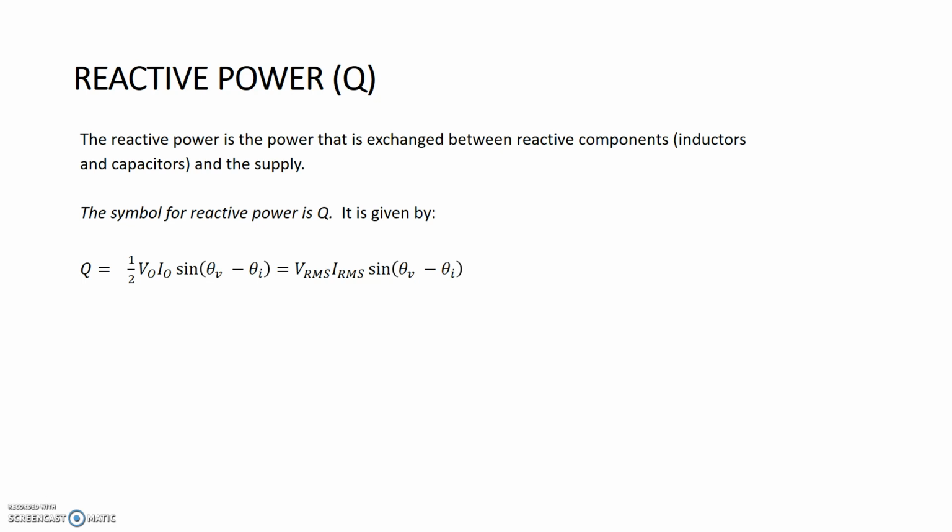Voltage and current multiplied together, we've been using the term power and assigning it a unit of watts. Now, in order to distinguish between what we call real power or average power, which has the unit of watts, and this new power definition of reactive power, instead of using watts, we will use a unit called VAR, which stands for volt amps reactive.